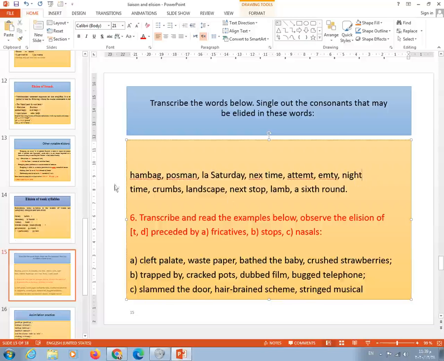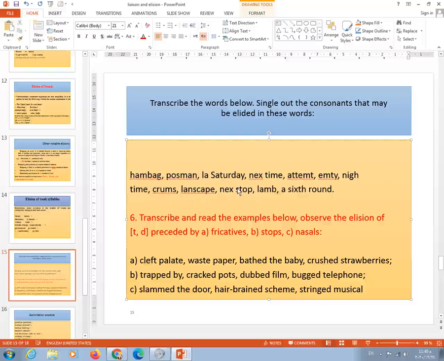Night time. Also bye bye. Crumb. Okay, no B. Landscape. Okay. Next. Next stop.